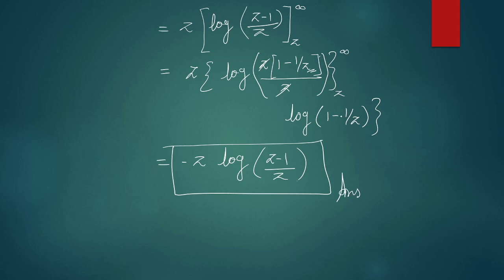Then we get this term, z into log of 1 minus 1 by z, and after simplification we get the same value, minus of this term. Therefore, the value of the z transform of 1 upon n plus 1 equals this value.